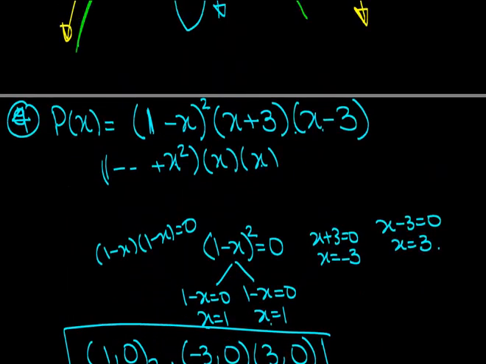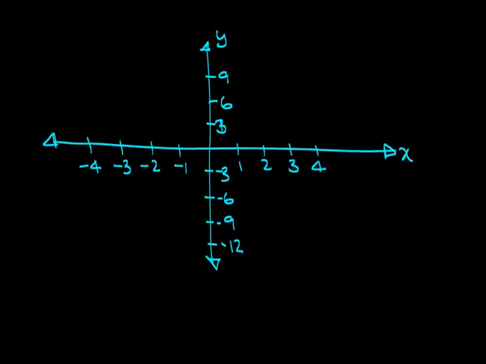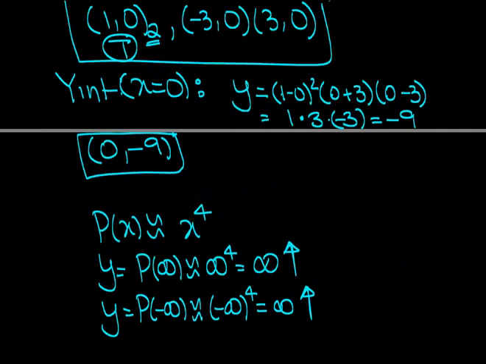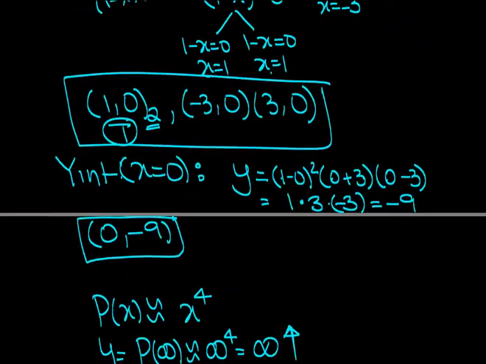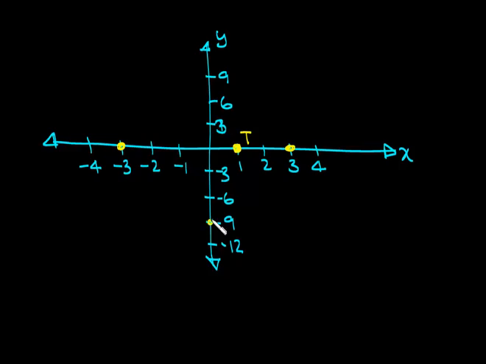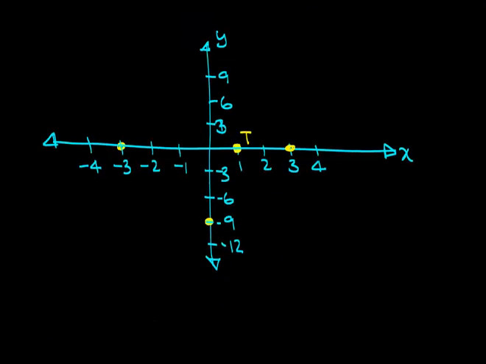My x-intercepts were 1, 0, negative 3, 0, 3, 0, and it turns at 1, 0. So 1, 0, it turns there. 3, 0, negative 3, 0. Then my y-intercept this time was at 0, negative 9, so it's right here. And we know that when x gets really big, the graph goes up. When x gets really small, the graph goes up.